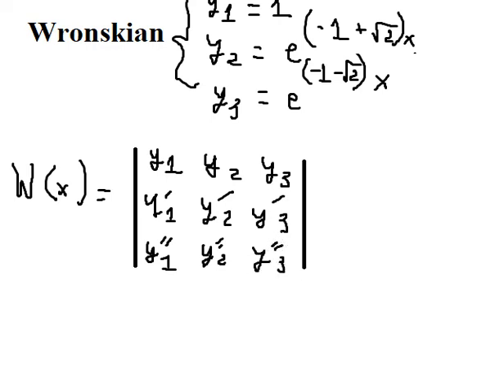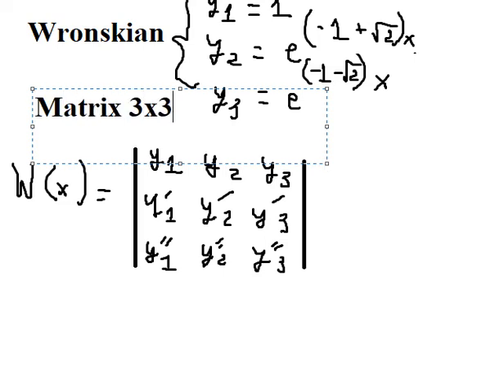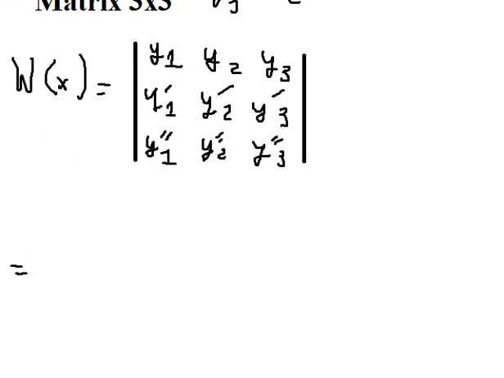Because we want to create the 3 by 3 matrix. Now, y1, we have number 1. If we do the first derivative of this one, we have 0, and later we have 0.